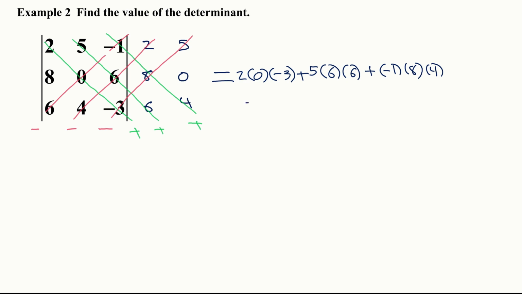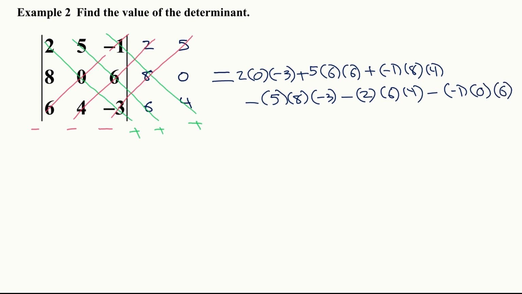So minus 5 times 8 times -3, and then minus 2 times 6 times 4, and then minus quantity -1 times 0 times 6. Now, I mean, it doesn't matter if you start with this one and move this way, or with this one move that way. It makes no difference.